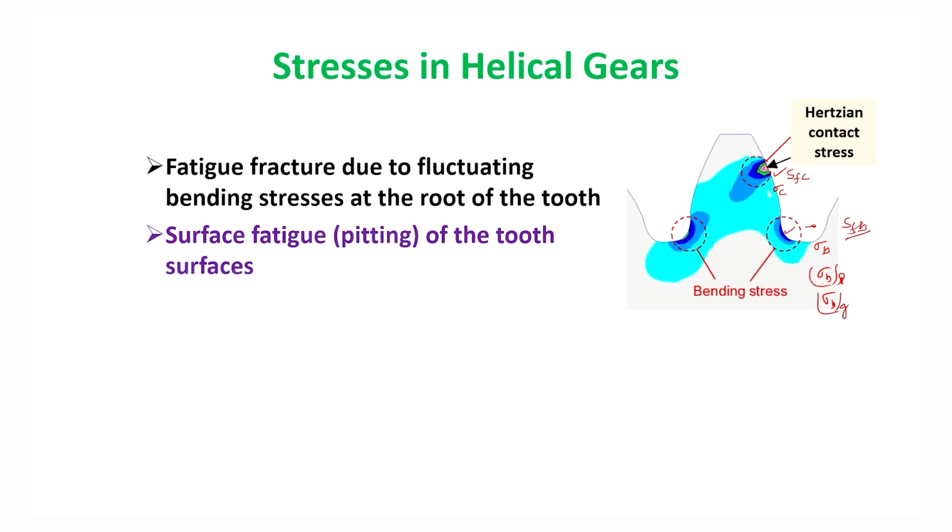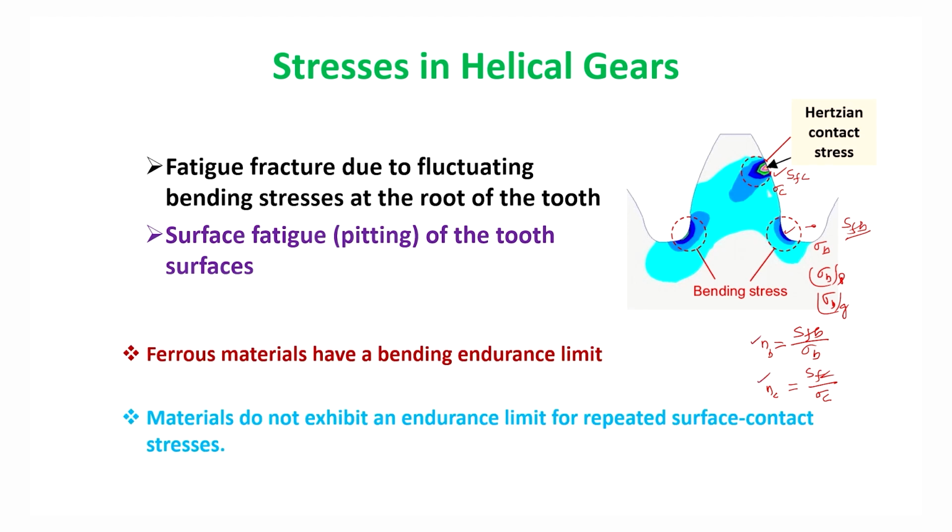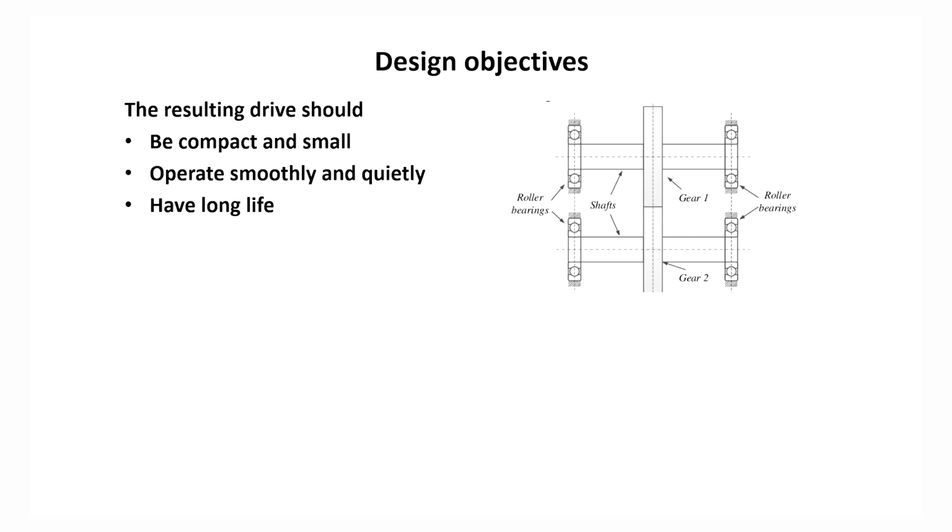With the help of that, we will find the factors of safety: for bending it is SFB divided by sigma B, and for the contact stresses, NC will be SFC divided by sigma C. And we will check whether we are getting a satisfactory factor of safety or not. So, let us see how we are dealing with this.